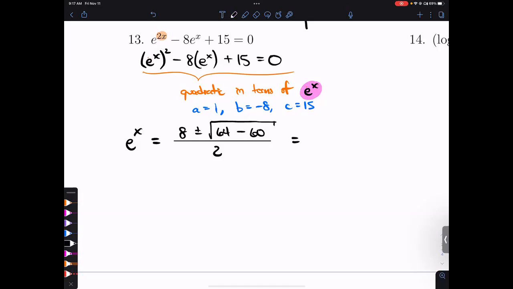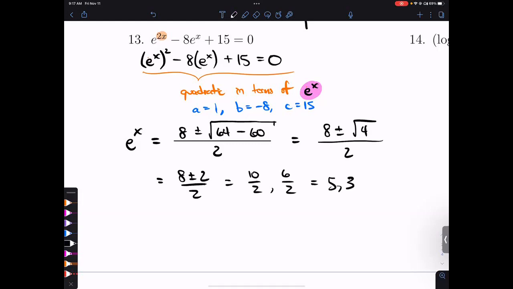Then I would just simplify this: 8 plus or minus the square root of 4. So 8 plus or minus 2. 8 plus 2 is 10, 8 minus 2 is 6. So 5 or 3. So e to the x is 5, e to the x is 3. x is the log of 5, x is the log of 3.